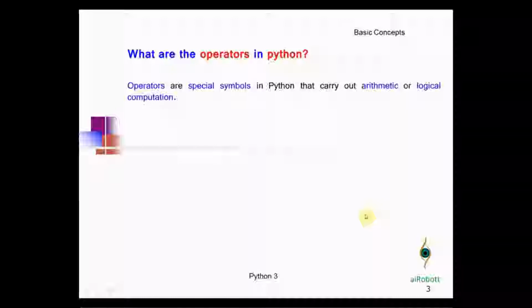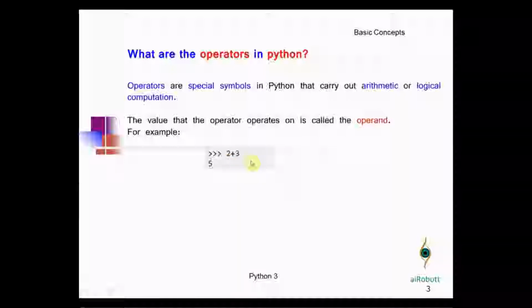What are the operators in Python? Operators are special symbols in Python that carry out arithmetic or logical computation. The value that the operator operates on is called the operand. Let us take the example here: 2 plus 3. Here 2 and 3 are the operands, plus is the operator, and 5 is the output.